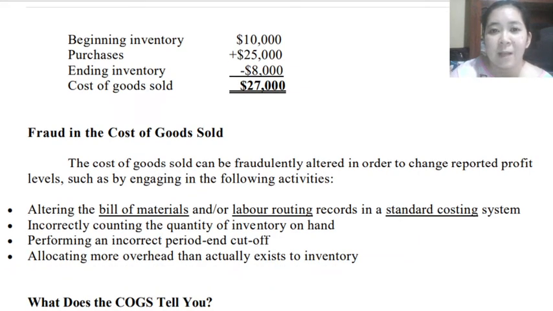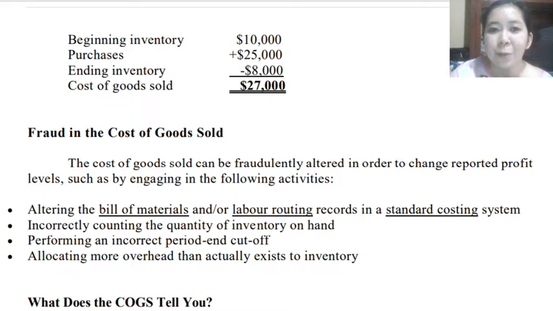Okay, so actually, for purposes of personal interest of the management, in order for them to reflect a higher profit amount in their income statement, they can actually alter the amount of cost of goods sold, meaning they will tend to decrease the amount of the actual cost of goods sold to reflect it in the income statements, so that it will result into a greater profit.